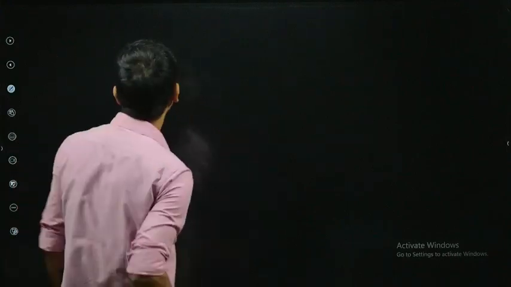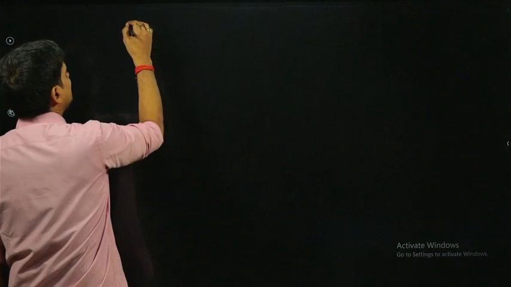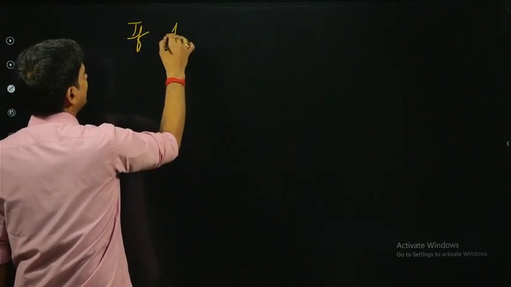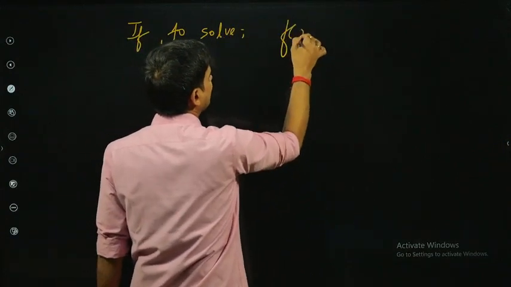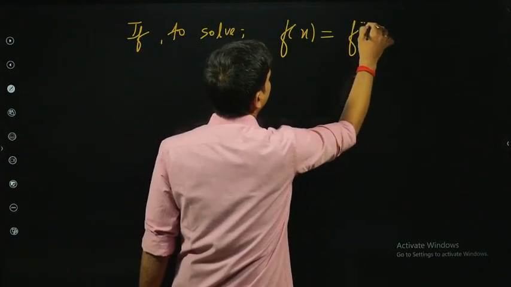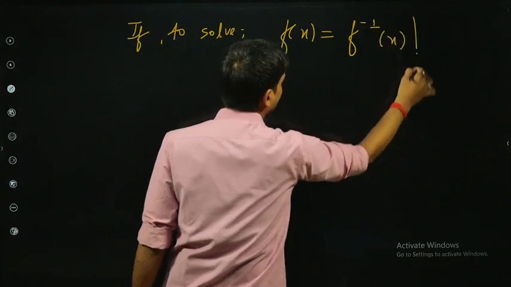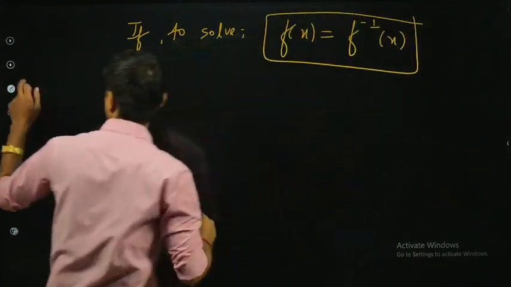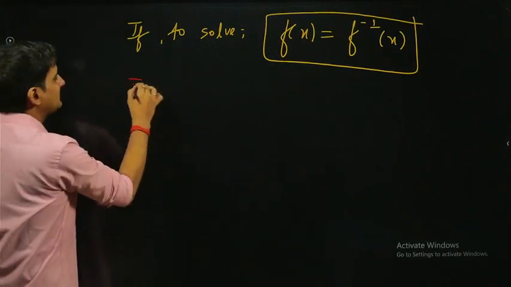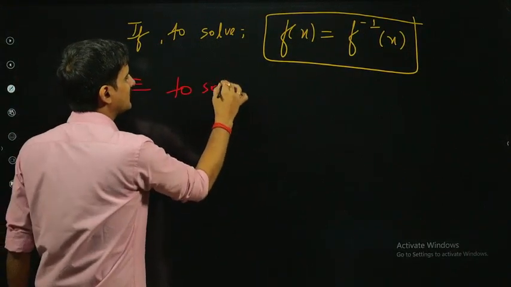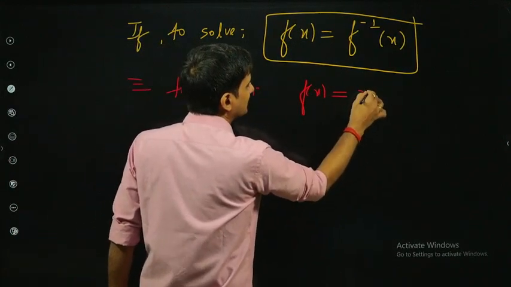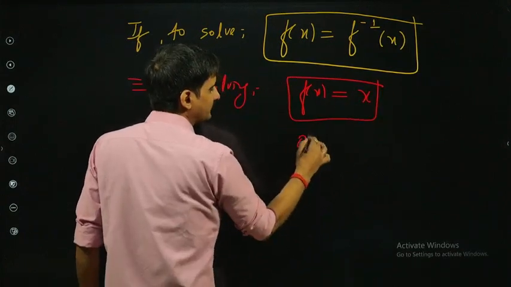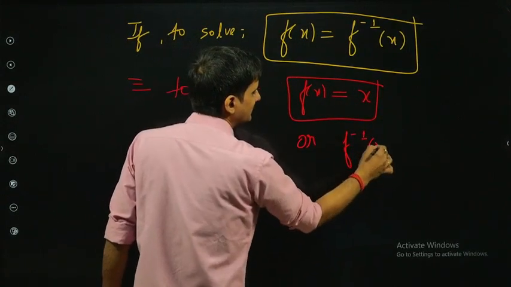Because I always have a statement at the back of my mind: if we have to solve an equation f(x) equal to f inverse of x, then this is equivalent to solving f(x) is equal to x, or f inverse x is equal to x.